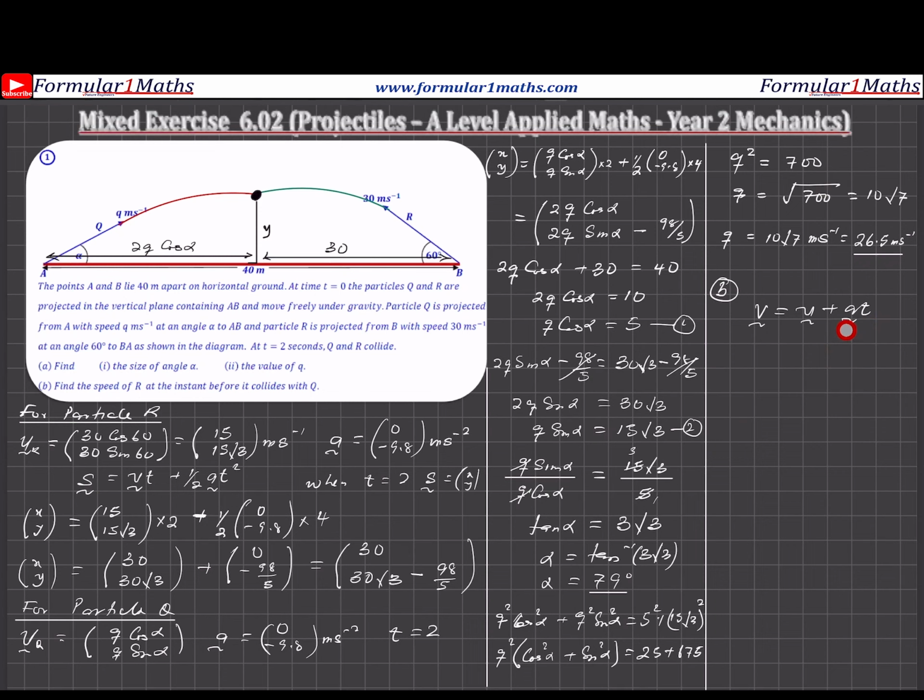The acceleration due to gravity is still 0 minus 9.8 in the vector form, and U is 15 and 15 root 3. So if you do the substitution, I'm going to get V is equals to 15 and 15 root 3 plus 0 and minus 9.8 times 2.